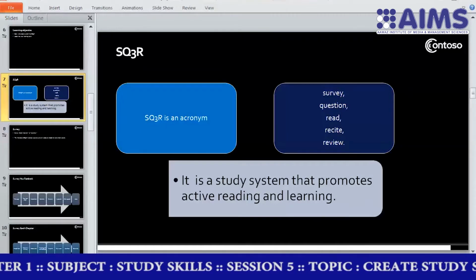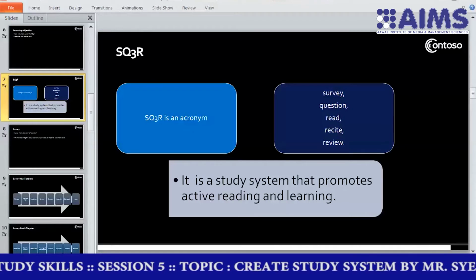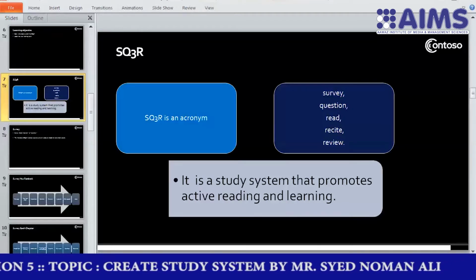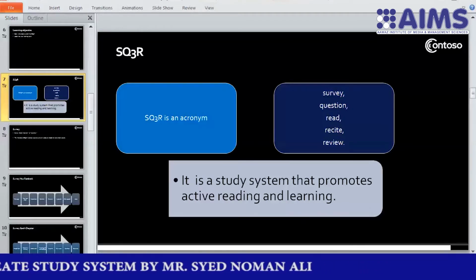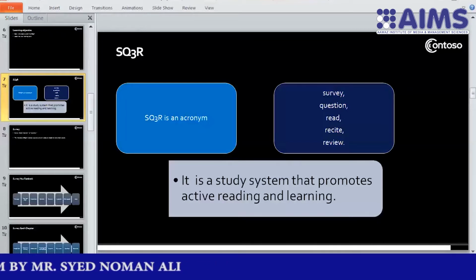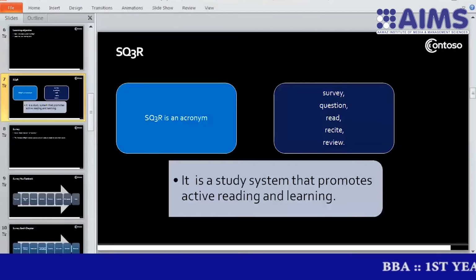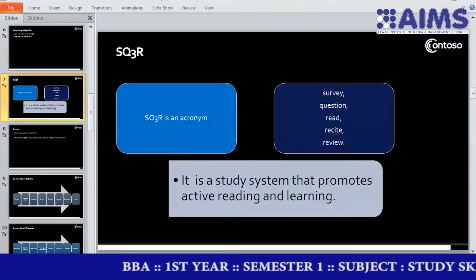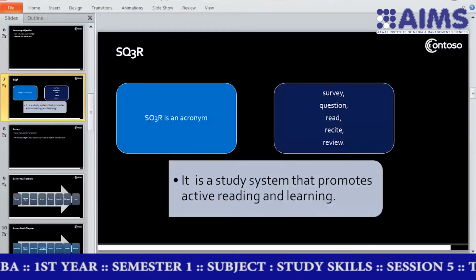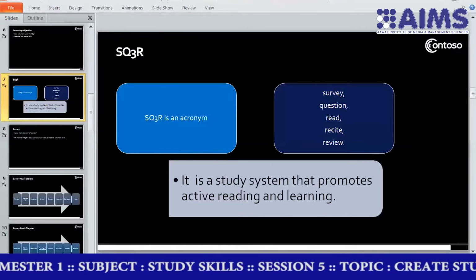And then you raise questions: what do you want to get from this lecture? What do you want to get from this textbook? And how do you extract the questions that you want to draw from that reading, before you look through and go through the textbook.